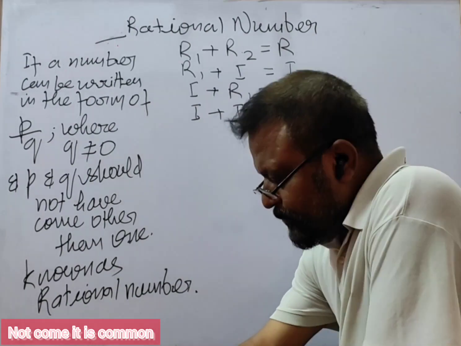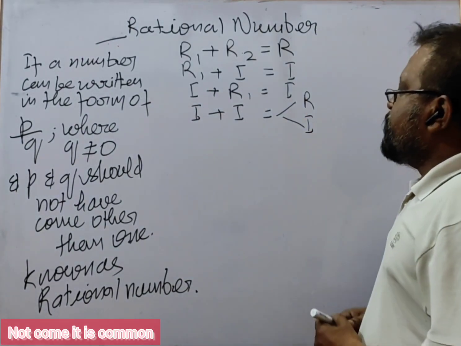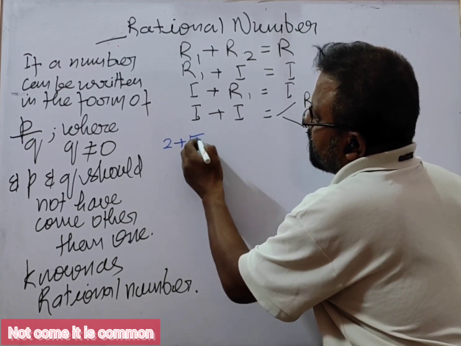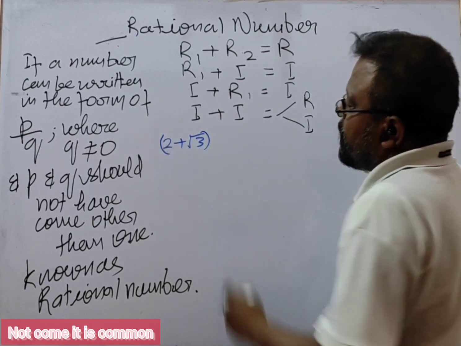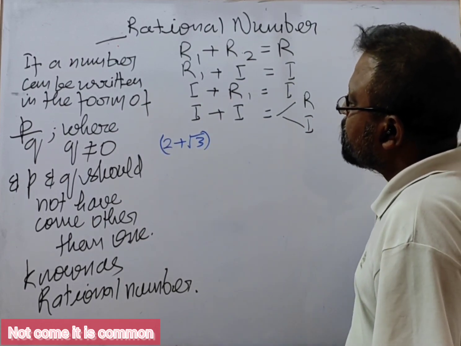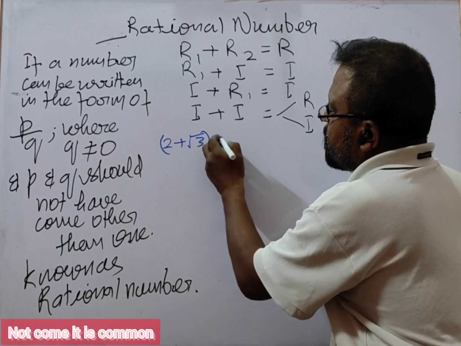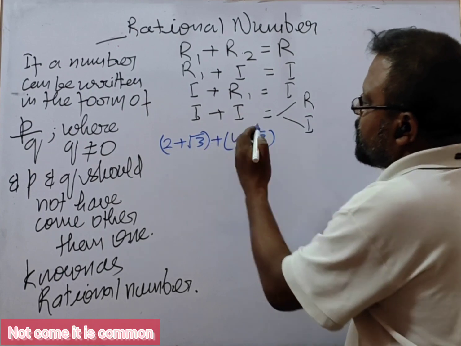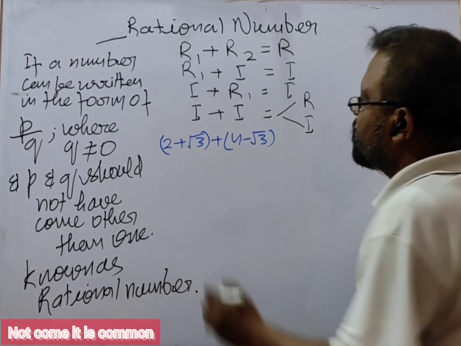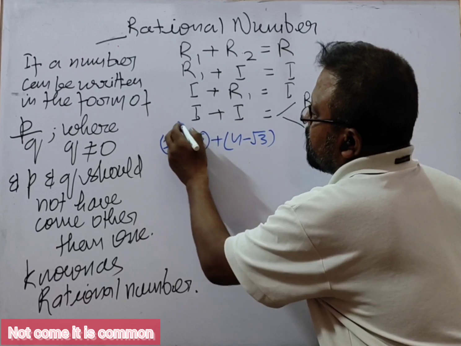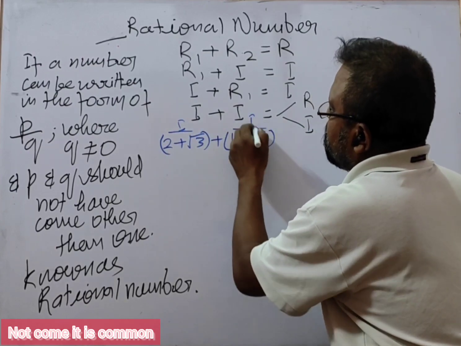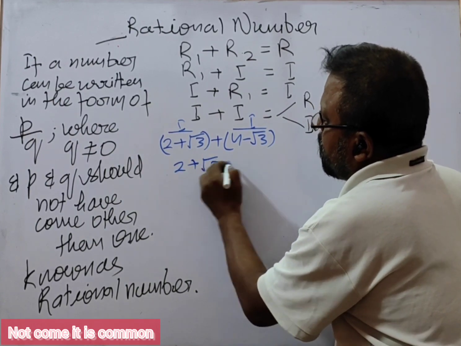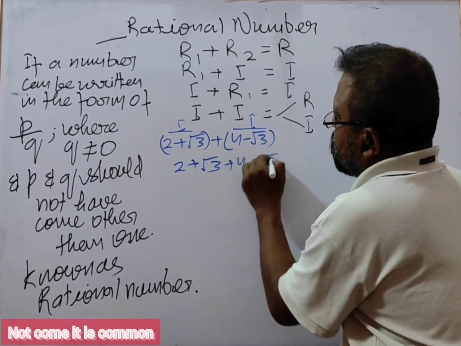If I add 2 plus root 3, which is an irrational number, plus 4 minus root 3, which is also an irrational number, then we get 2 plus root 3 plus 4 minus root 3.